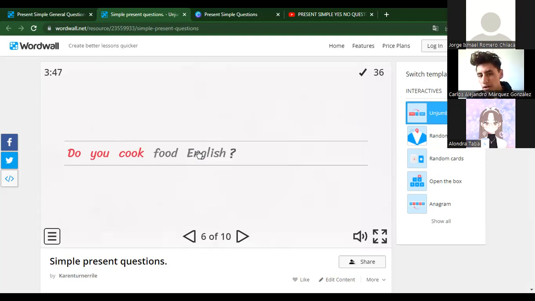Remember that when we talk about adjectives, first we have to place the adjective and then the noun. ¿Cuál es el adjetivo? Primero es el adjetivo, después va el sustantivo. El adjetivo English, porque está hablando de origen. Ajá, es un adjetivo de origen.